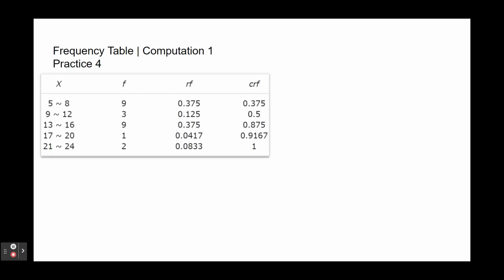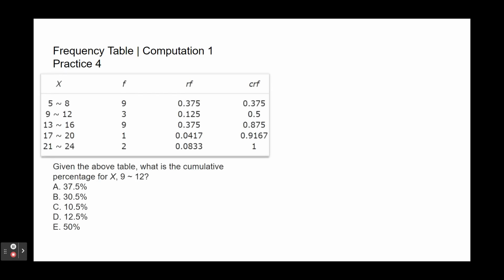Frequency table practice 4. Given the table above, what is the cumulative percentage for x ranging from 9 to 12? Now we are looking for a cumulative percentage. Cumulative percentage is not given in this table. We only have frequency and relative frequency, not percentage.